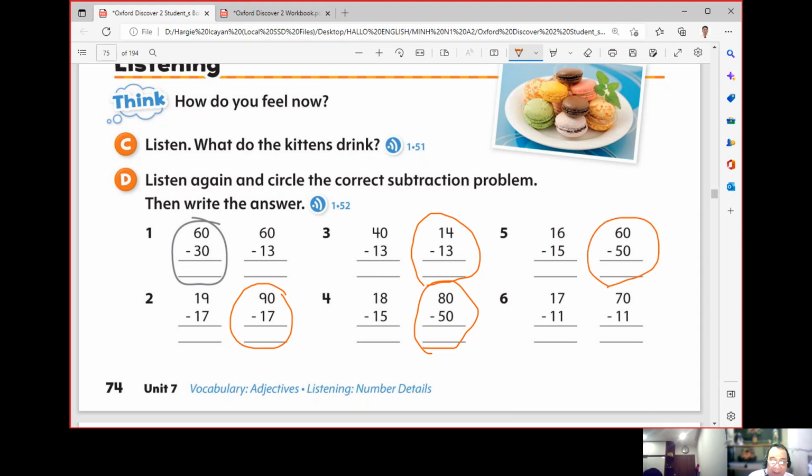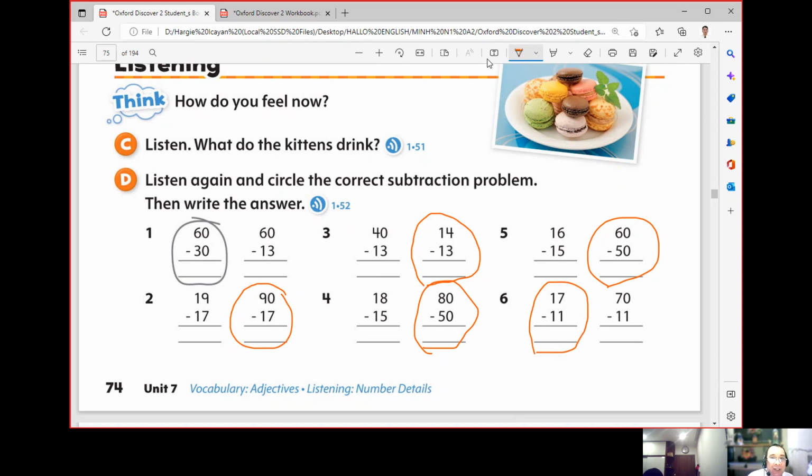And last but not the least, 6, There were 17 hungry boys. They ate some sandwiches. 11 boys were still hungry. How many boys were full? What's the correct subtraction statement? 17 minus 11. Yes.